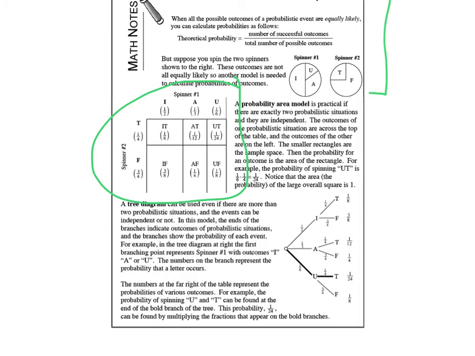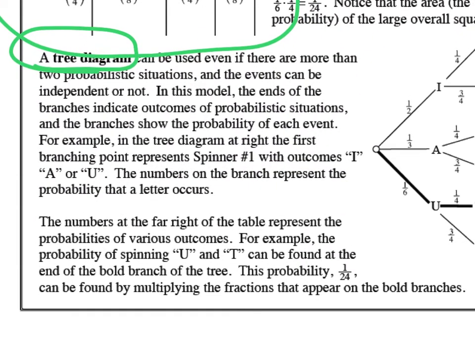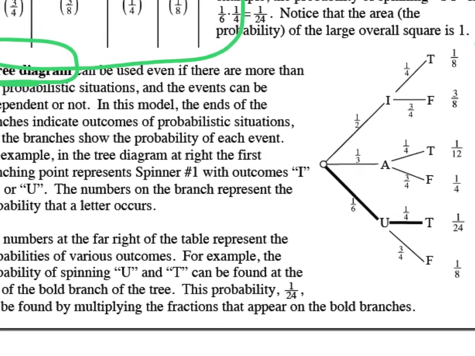probabilistic, that's a big word, situations, and the events can be independent or not, we can use something down here called a tree diagram. And this right here is an example of a tree diagram of the exact same problem, just with the probabilities listed a little bit differently. In this model, as it says, the ends of the branches indicate the outcomes of each situation.